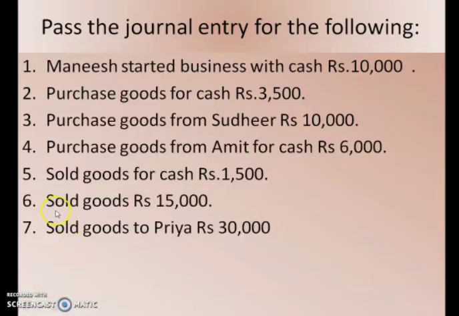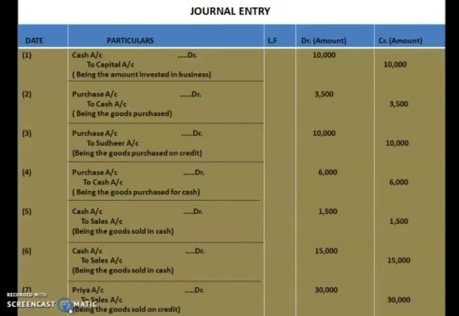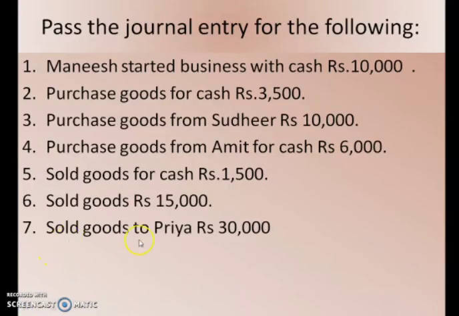Next transaction is sold goods rupees 15,000. If nothing is mentioned, it is also a cash sale, cash account debited to sales account 15,000, being the goods sold in cash. Next question is sold goods to Priya rupees 30,000. Here you can make out that you have sold the goods and this is not a cash sale. You have sold goods to Priya and Priya has not given you the cash.